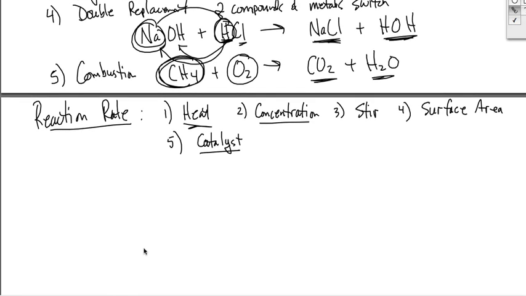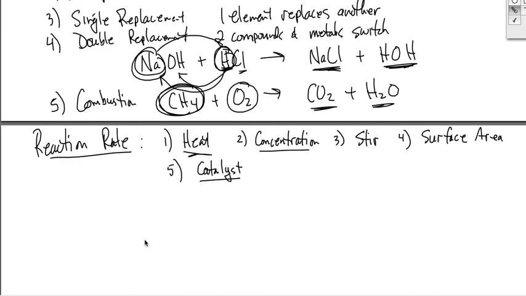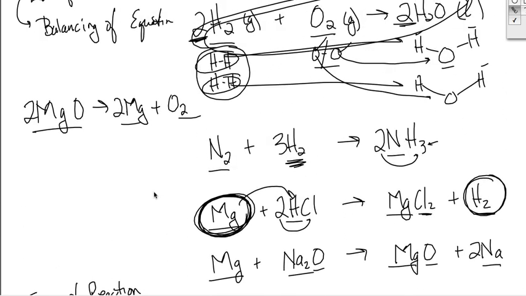Okay, so that basically is what we talked about with our chapter 7, about reactions. We looked at what a reaction is. We talked about reactants and products, that bonds are broken, new bonds are formed. We talked about exothermic and endothermic. We talked about balancing, conserving the mass.